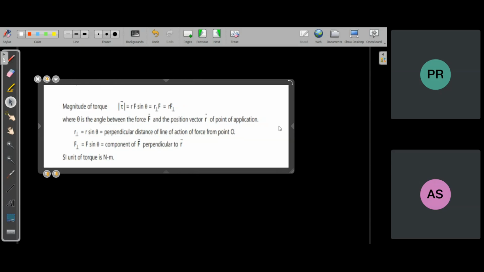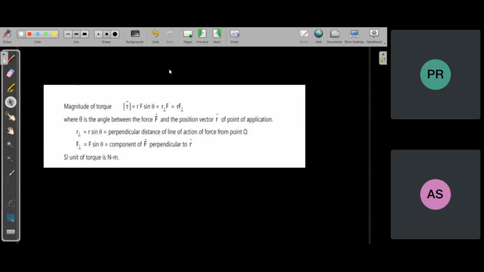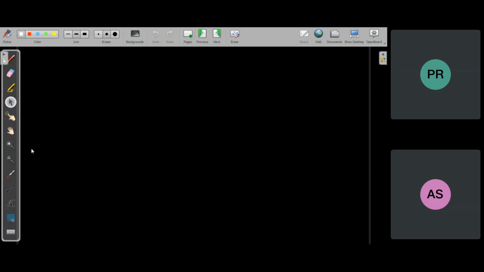that will be rF sine theta. Okay, there is another simple way to directly calculate the torque. This is a point where you have to find the torque, and force is acting on the particle here, in this direction. So this is clearly the direction of the force vector.